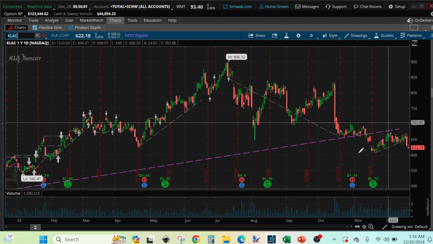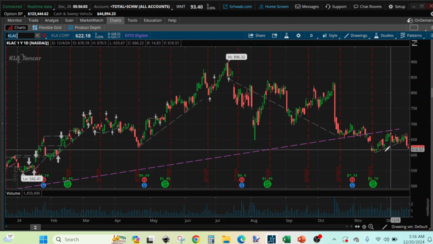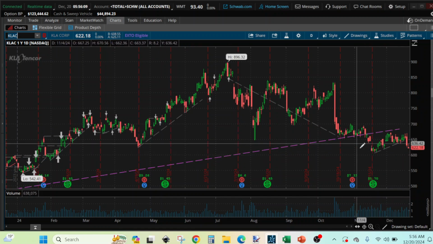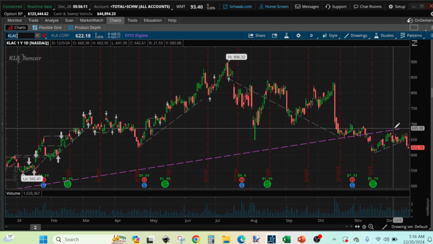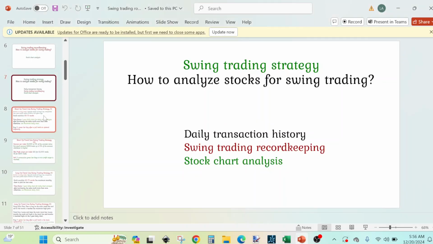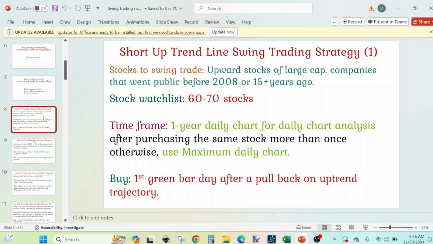And this is one that we are not going to trade next year either, because it's not respecting a trend line. And since our swing trading strategy is based on trend lines, we are using the uptrend line swing trading strategy.